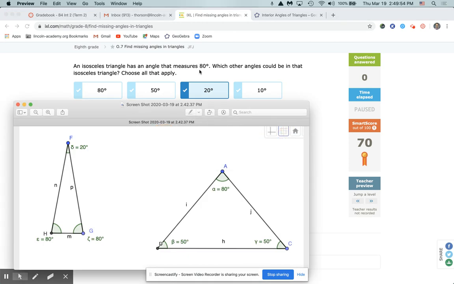But again, it didn't say if this was one of the two congruent. That 80 actually could have been the one angle that's not congruent. If it's not congruent, I would take 180 minus the 80, which gives me 100, and I would divide by 2, and 100 divided by 2 is 50, which means the two congruent angles are 50 each.